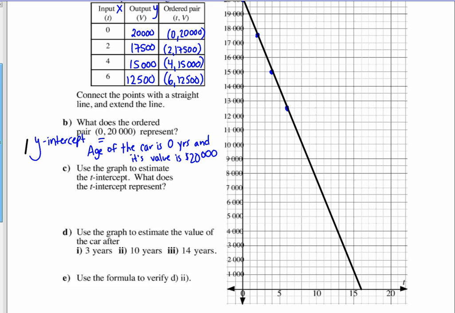Who would find this information useful? Car salesmen. Yeah, if you want to sell, have you ever heard about trading in a vehicle? Then they go look something up. Have you ever heard of the Blue Book? Some of you, yes? Judge Judy, yeah.